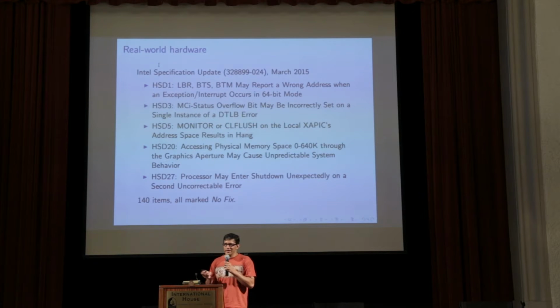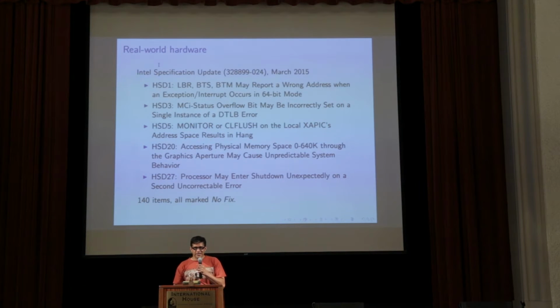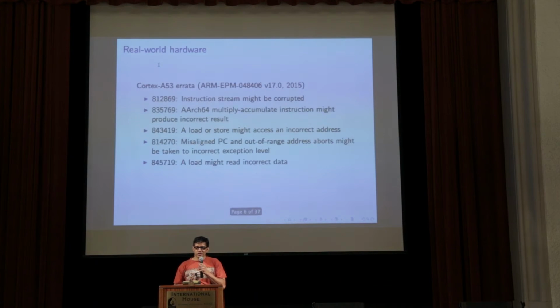But this is Intel. We know Intel is a complex processor. It could be better in the ARM world. Unfortunately, it's not much better. This is the Cortex A53 errata sheet from this year. You could get corrupted instruction streams. Various instructions might produce incorrect results.